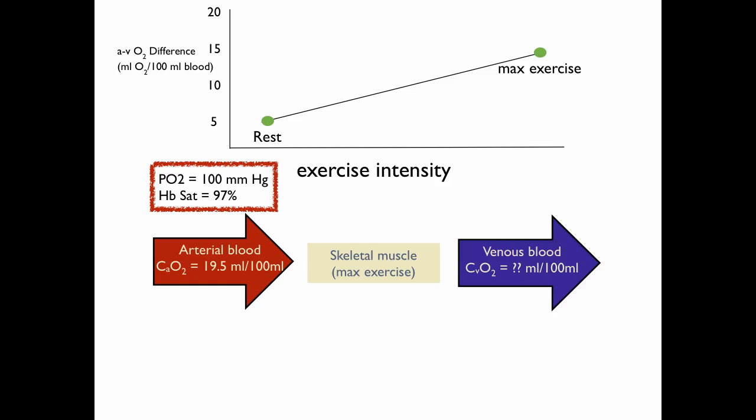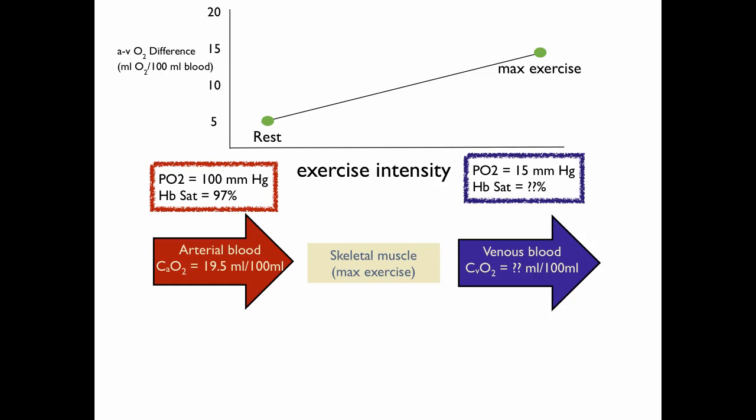So what we're really curious to find out is how much oxygen is in the venous blood. And we know that during maximal exercise, PO2 values in the systemic veins can go as low as 10 to 15 millimeters of mercury.